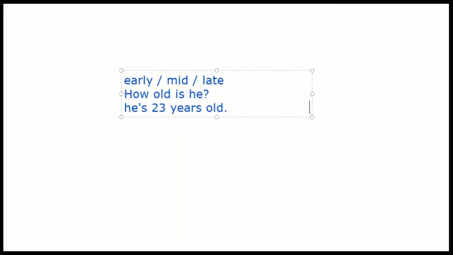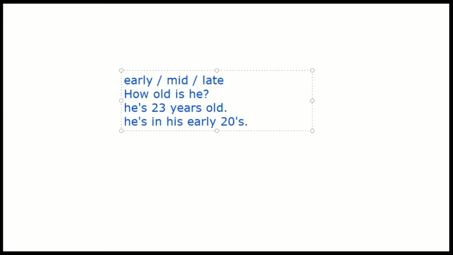This time you could say, for example, if you think he's between 20 and 23, he's in his early 20s. That's a very common way of doing it. He's in his early 20s.